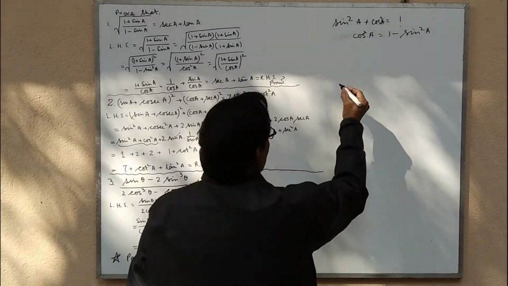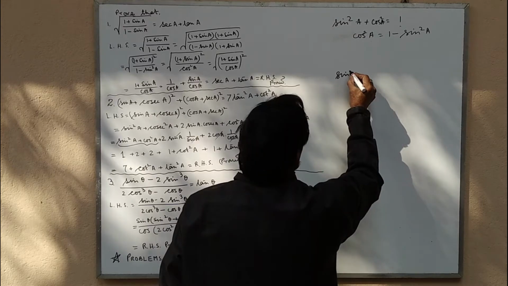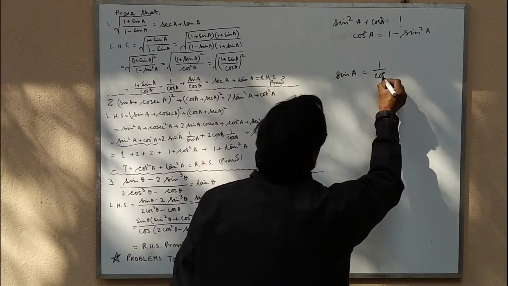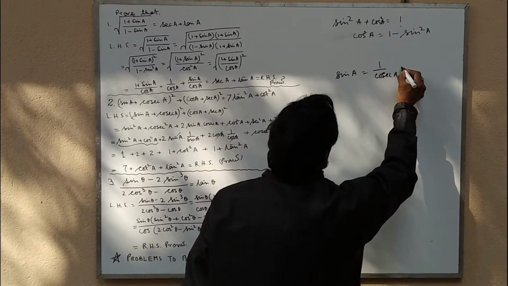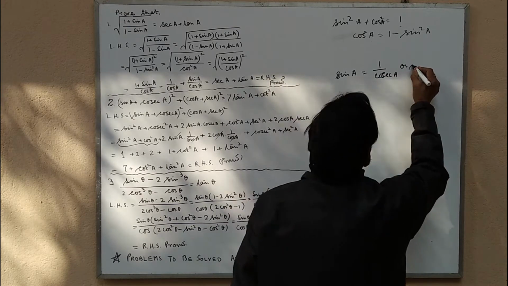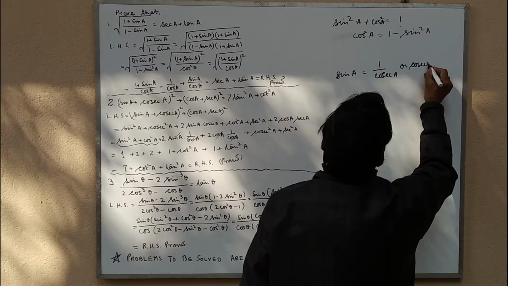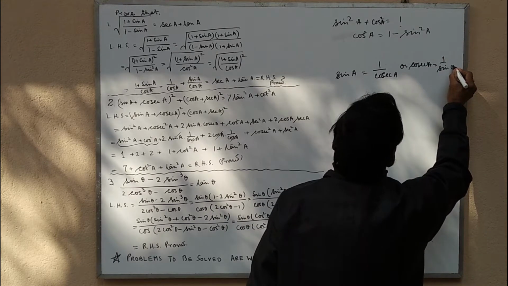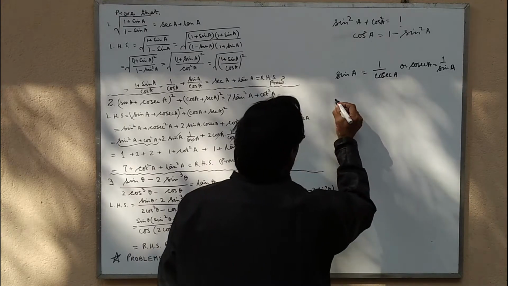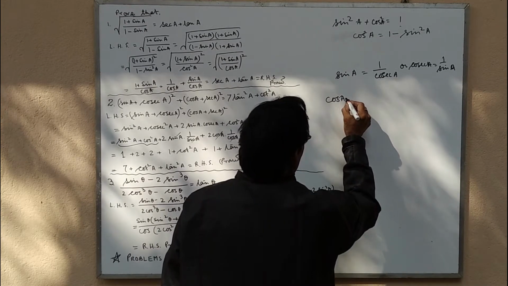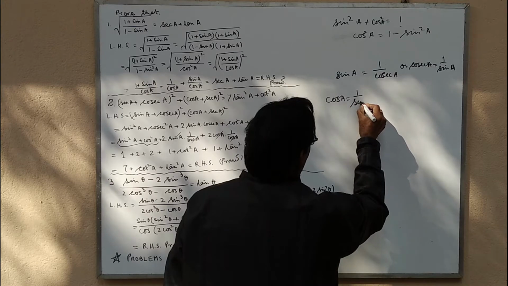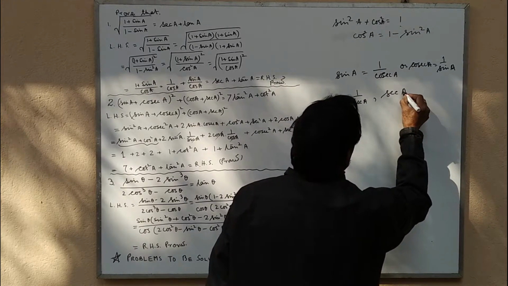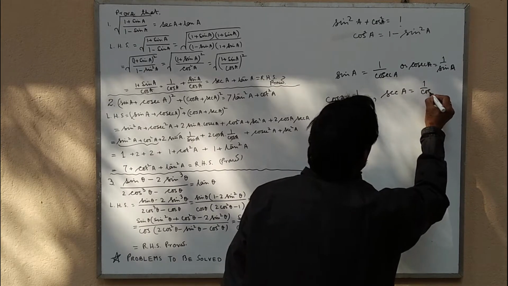We know that sin a equals 1 by cosec a, or cosec a equals 1 by sin a. Similarly, cos a equals 1 by sec a, or sec a equals 1 by cos a.